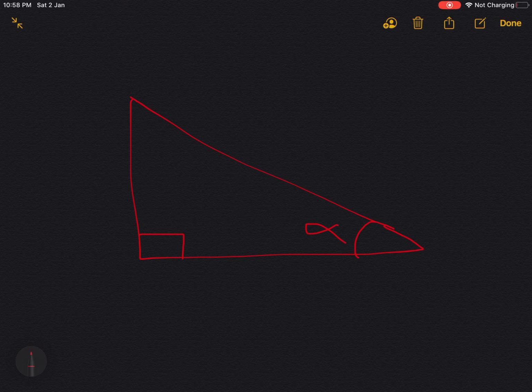Now we are going to name the three sides of this triangle. The side opposite to the right angle is always called the hypotenuse, H. The side opposite to the angle in question is called opposite, and the side closest or below the angle in question is called adjacent.